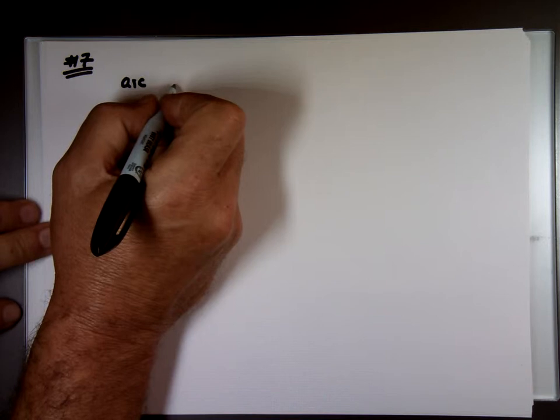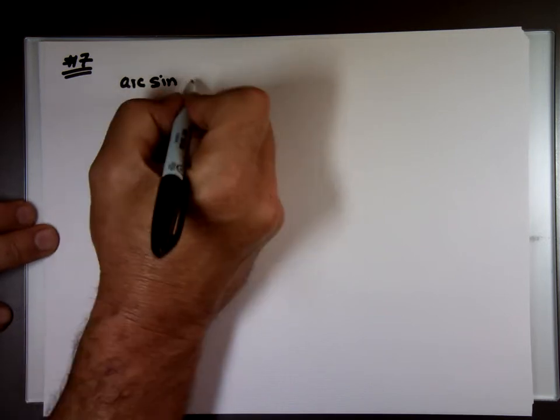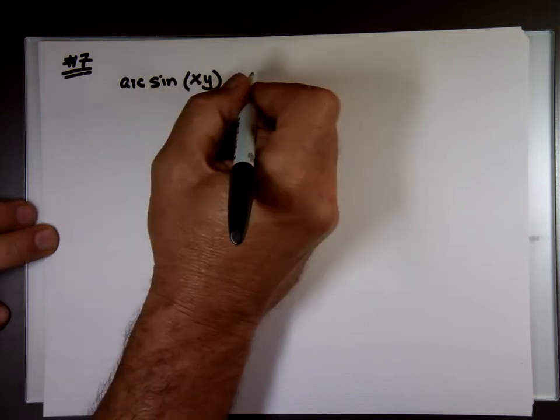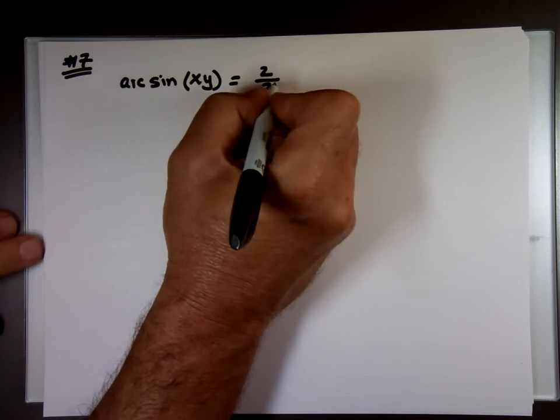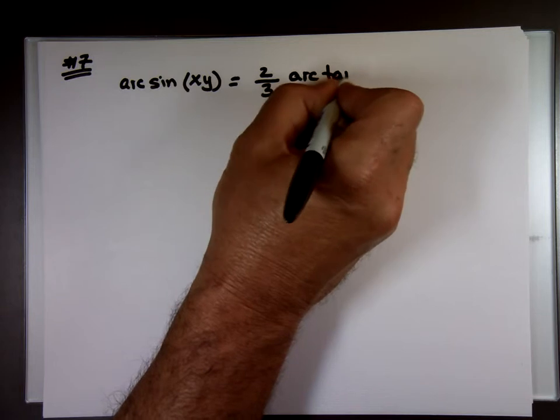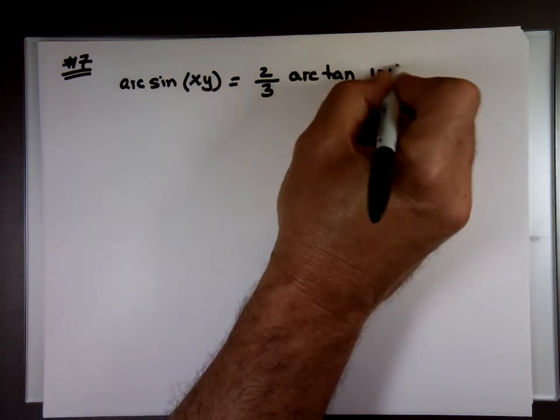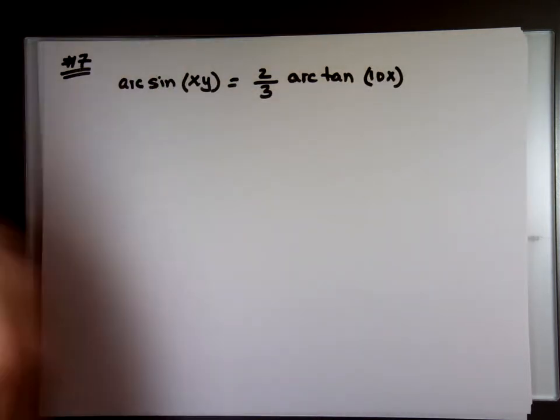Arc sine of xy equals 2/3 arc tan of 10x. They want us to find the derivative at 1/10 comma 5.